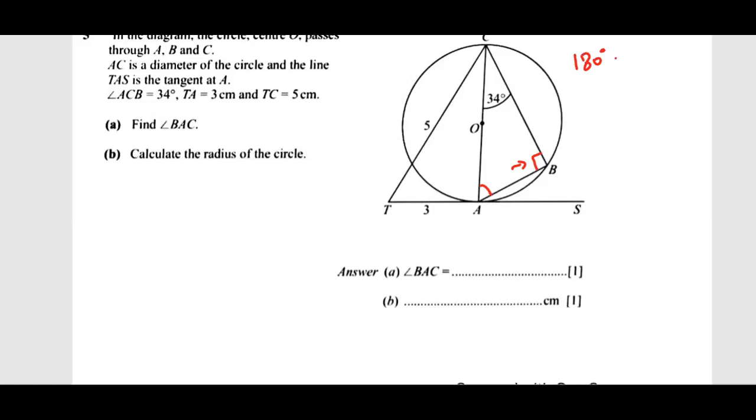Very good. 180 equals angle at B, that is 90, angle at C, that is 34, plus angle at A. And when you make A the subject, Tanya, what are you getting as the answer? 56. Very good. Both of you. Excellent. And then the second part says, calculate the radius of the circle. So what would be the radius?